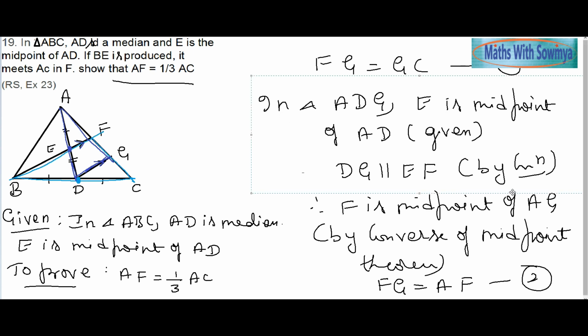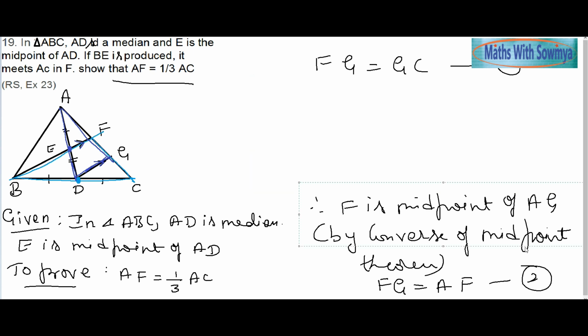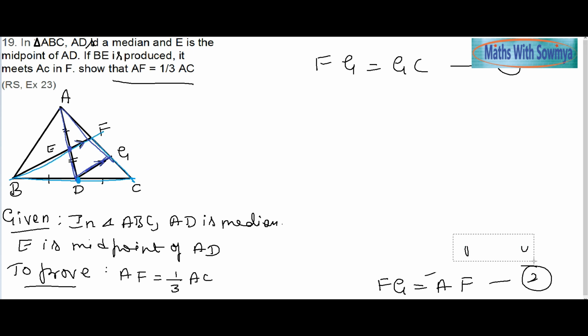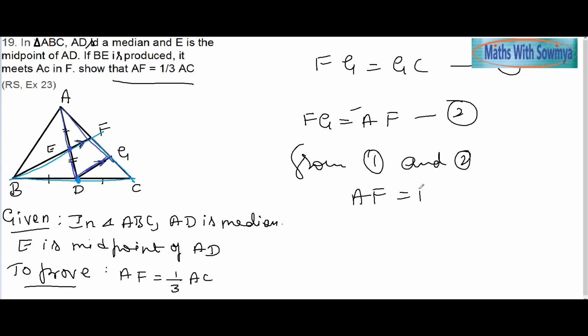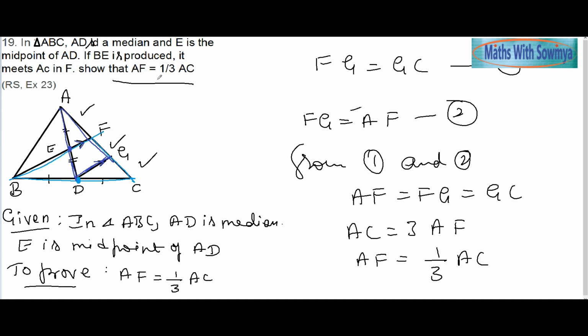So from 1 and 2, I can say all the three are equal: AF is equal to FG is equal to GC. So that means AC is nothing but this plus this plus this. So AC can be written as 3 times AF. And what is AF? AF is nothing but 1/3 of AC, which is what was to be proved.